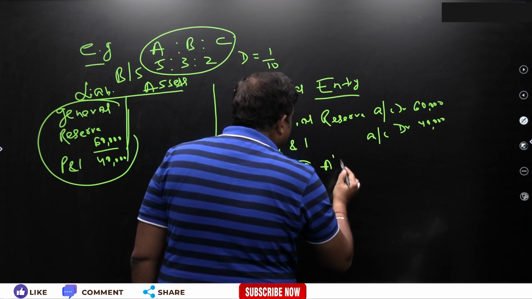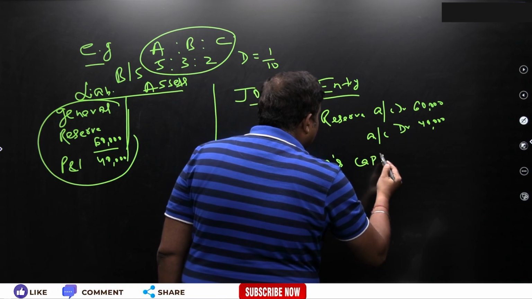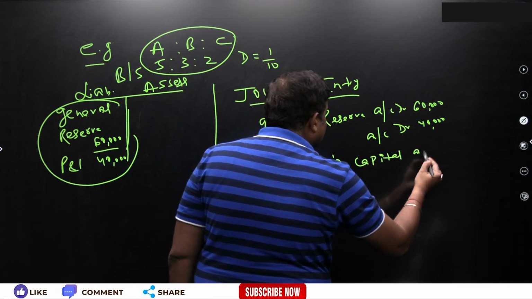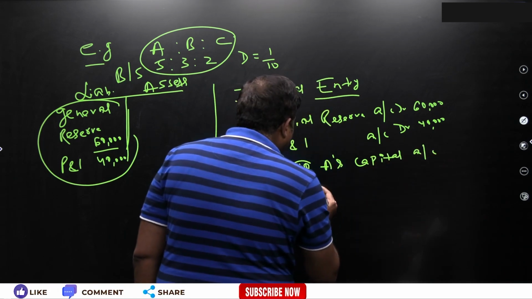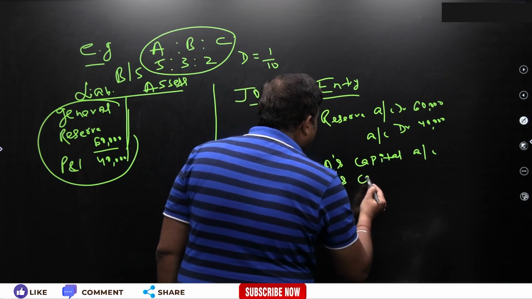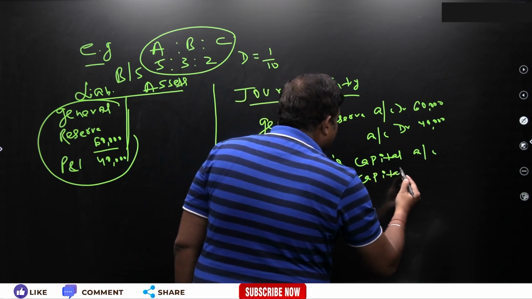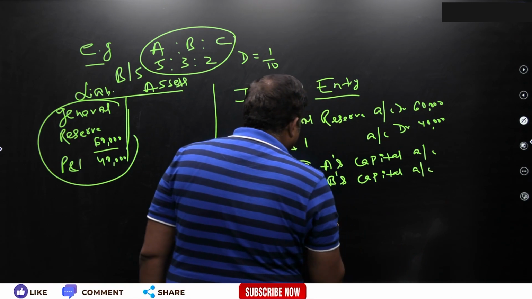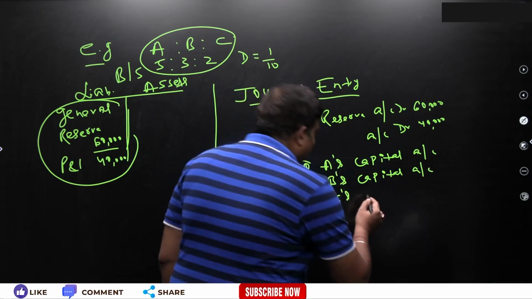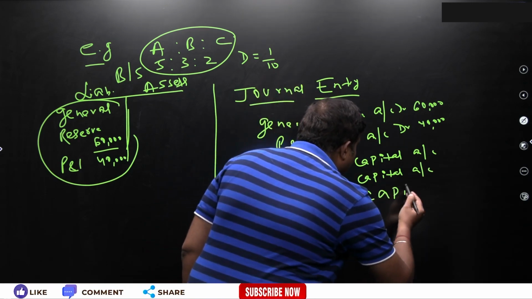Here the old partners are A, B and C: to A's capital account, to B's capital account and to C's capital account.